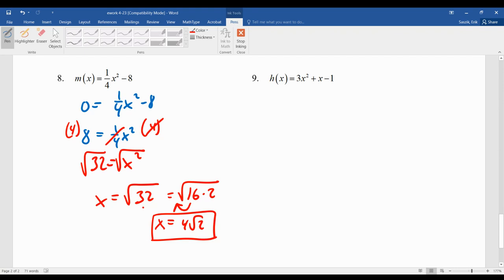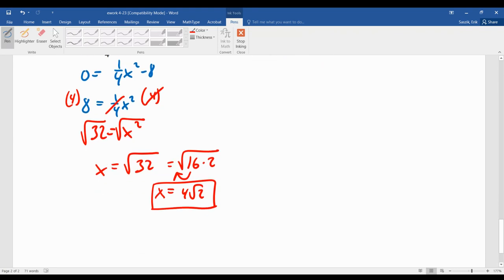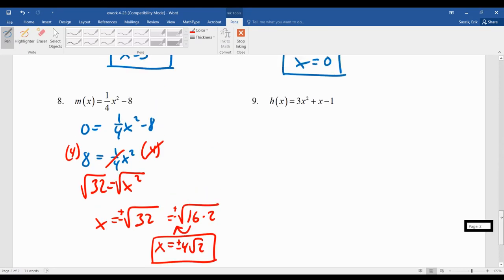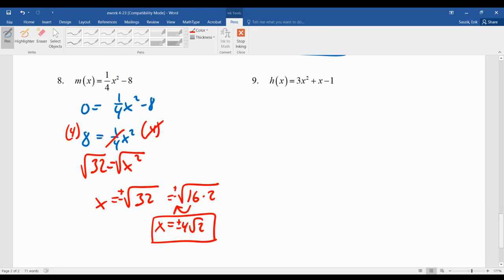Now you could have used a calculator and gotten a decimal, but you have to be careful here. One thing I forgot to do, remember, it's really plus or minus. So 4 root 2 times 4 root 2 would give you 32. But negative 4 root 2 times negative 4 root 2 would also give you 32. So don't forget those plus or minus ones.